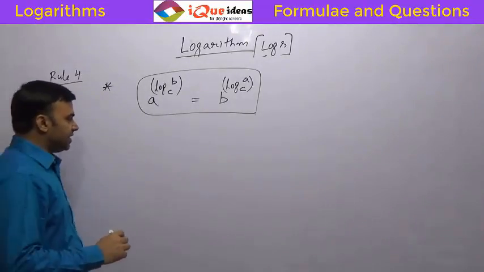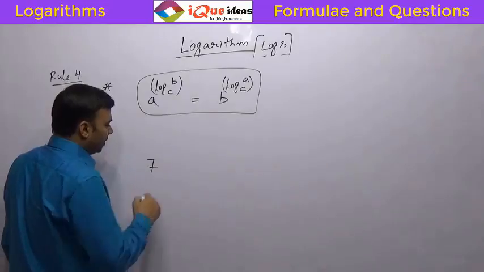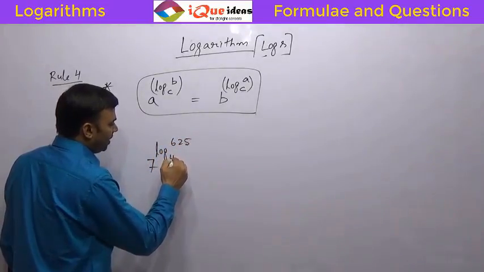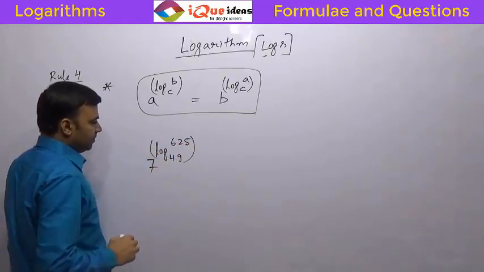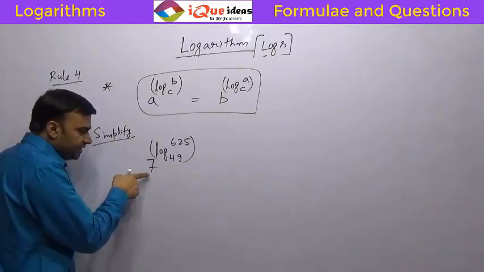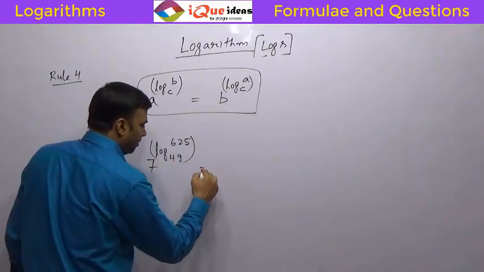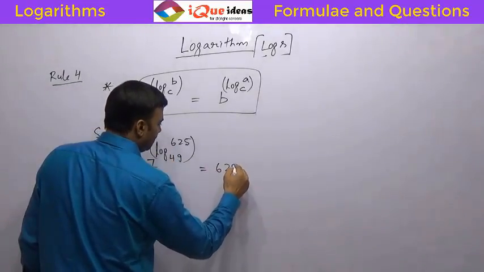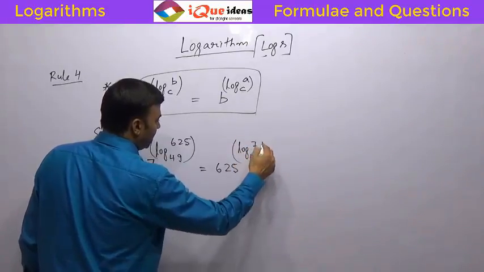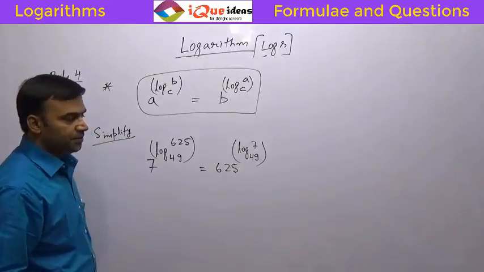So if there is a question which says 7 to the power log of 625 to the base 49, and the question says simplify, what you can do is interchange this 7 and 625, so it will become 625 to the power log of 7 to the base 49. Make sure that the position of 49 is not touched or changed at all.